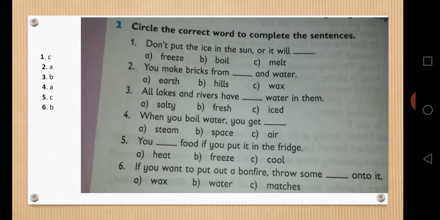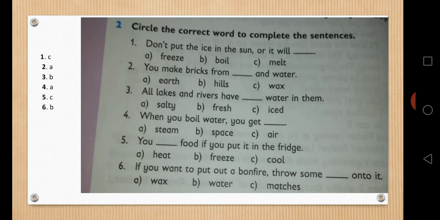Now, second question is circle the correct verb to complete the sentences. You are given three options A, B, and C. First one, don't put the ice in the sun or it will dash. Freeze, boil, melt. The correct answer is C, melt.